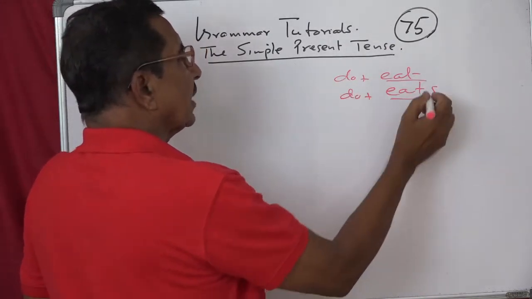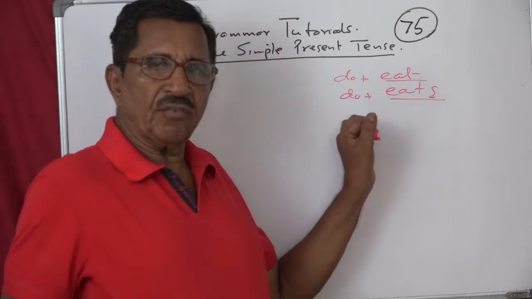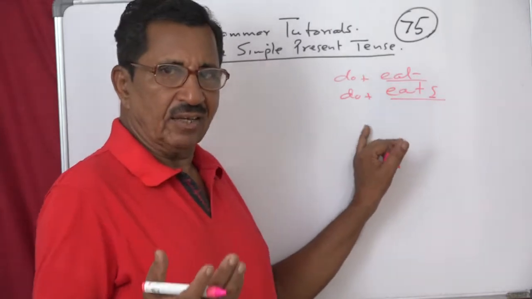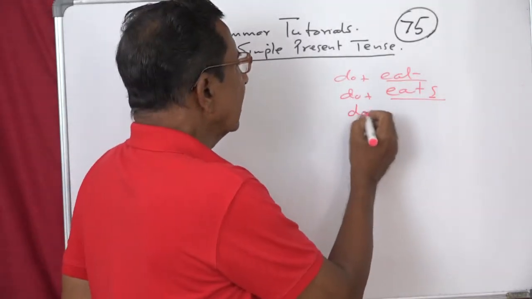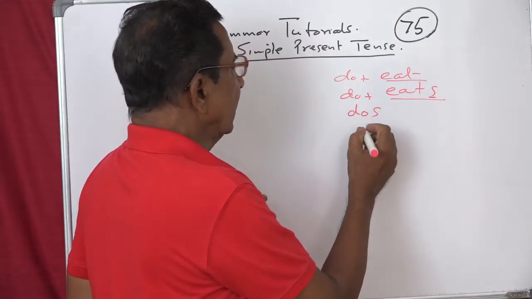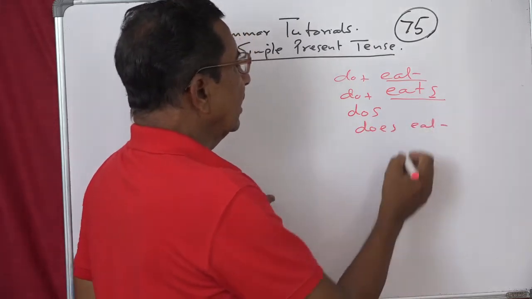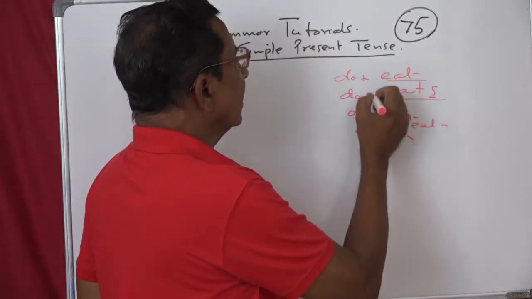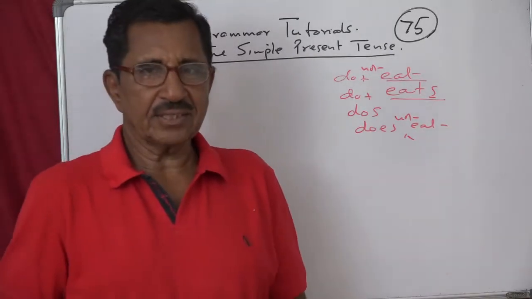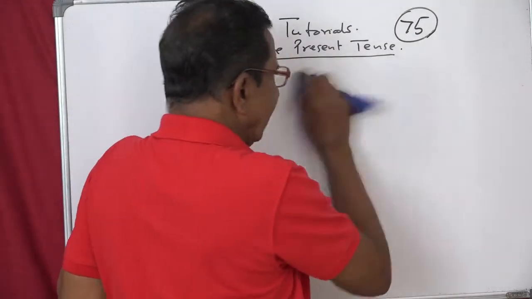Here there is a tense marker S, so according to the rule, you have to shift it or attach it to the first word. First word is an auxiliary. Then it becomes DOS, but after O you have S, therefore you have to add an E here. So does eat. And now negative is does not, and here negative is do not. Do not and doesn't. Listen.